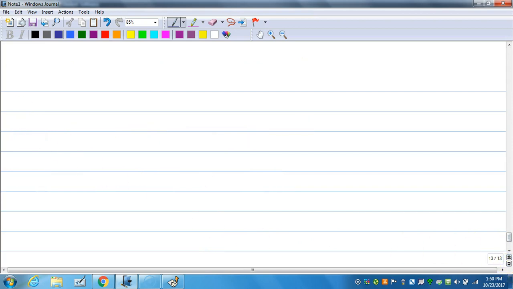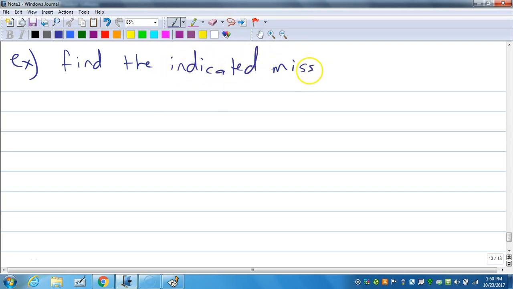The next part of your work is to find the angle. So for example, find the indicated missing angle measure. So let's say we have a triangle.